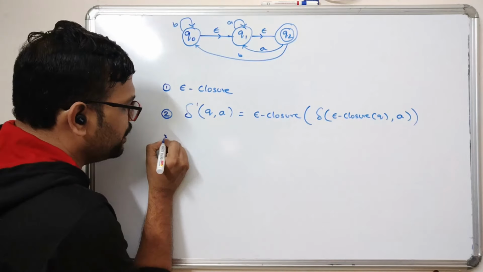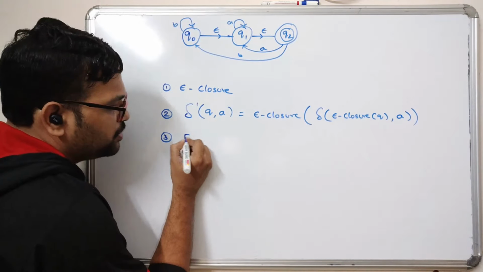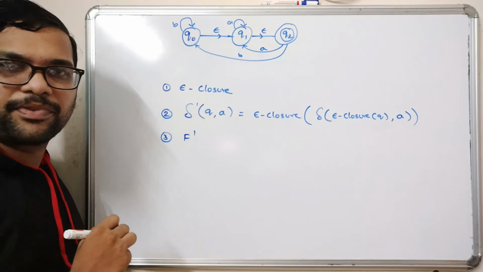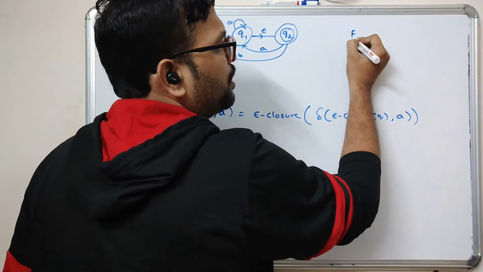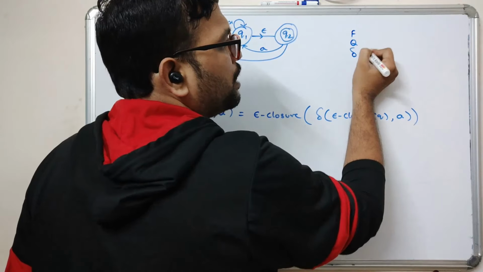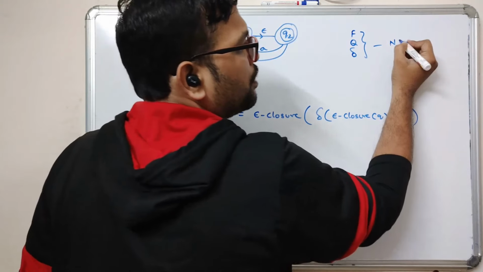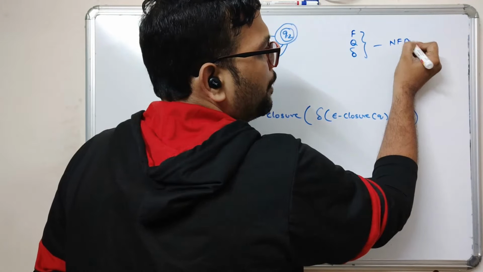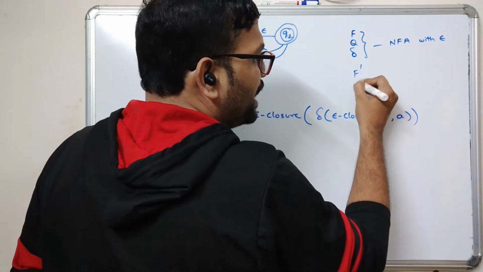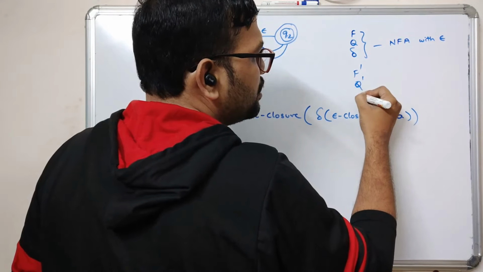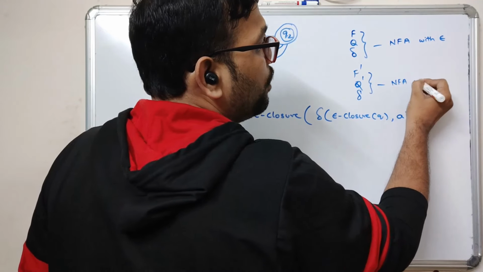And after the third step, we have to decide the final states. So what is the final state? Let me explain. If F, Q, delta and so on are the 5-tuple for the NFA with epsilon moves, then F dash, Q dash, delta dash are for the NFA without epsilon.